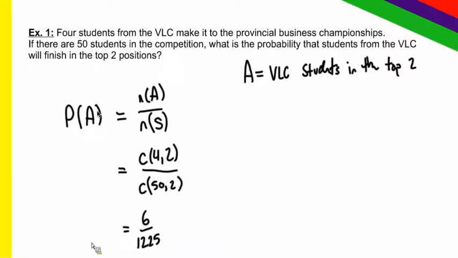So we have 6 out of 50 choose 2, and 50 choose 2 is 1,225. There we go, 6 out of 1,225. And that's it. We don't need to consider 3rd place, 4th place, anything like that. We're just considering the top 2 positions, and we can generate a probability of that event occurring.